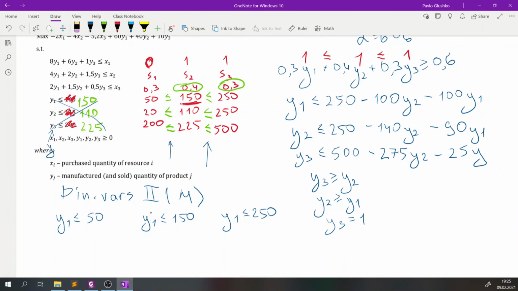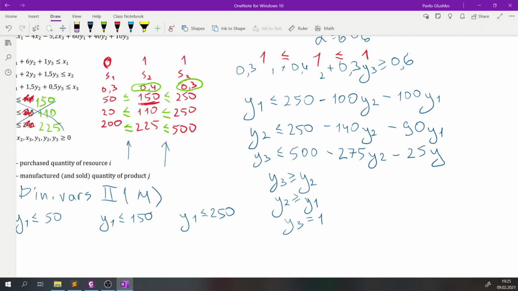So here everywhere, instead of y, it should be z, because otherwise it might be confusing. And here, of course, as well.